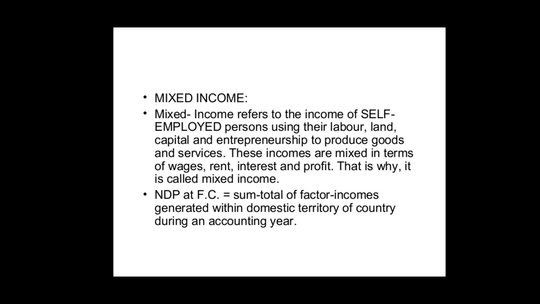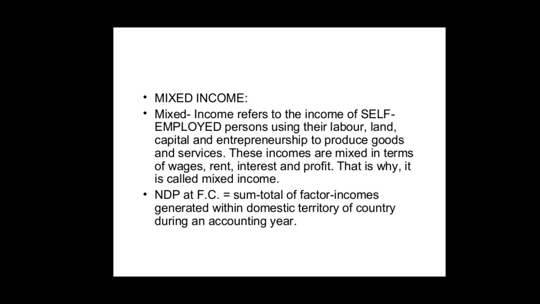Dear students, the third category of factor income is mixed income. Mixed income is the term used for any income that has elements of more than one type of factor income. It refers to the income of self-employed persons using their labor, land, capital, and entrepreneurship to produce goods and services.